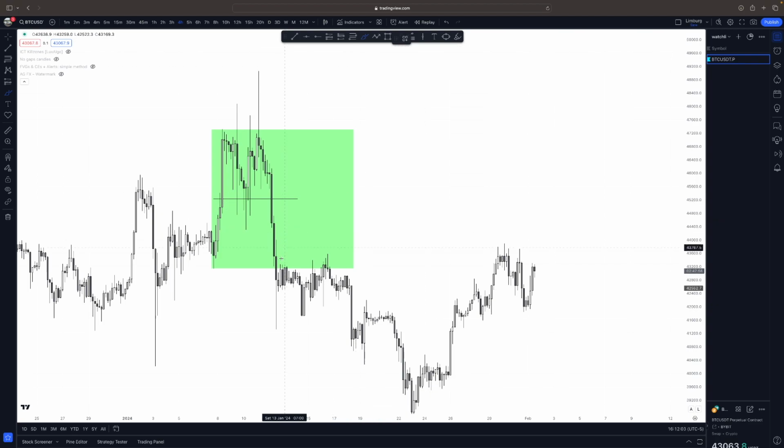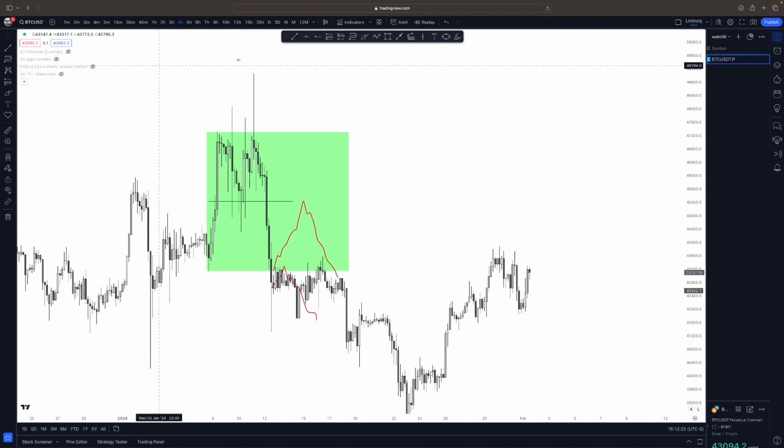So I wait for price to head towards the mitigation and then head lower, or wait for price to enter the supply zone underneath and then reject. These are the two areas where price will reject the most.